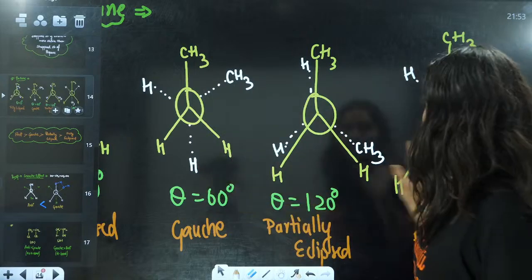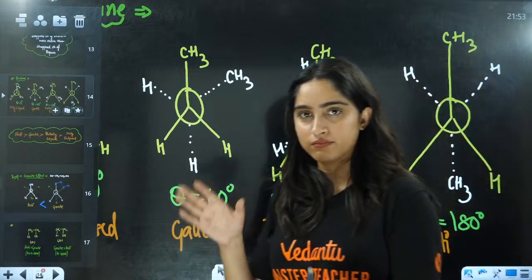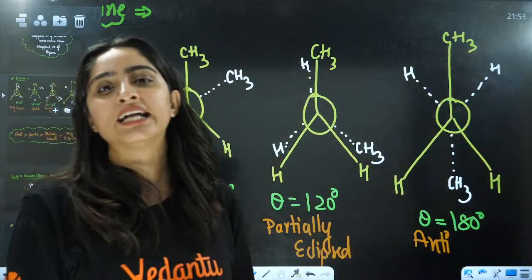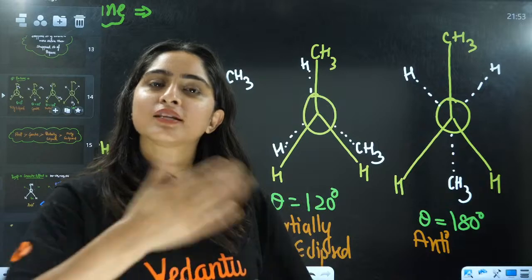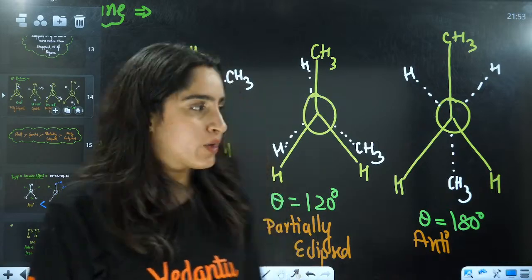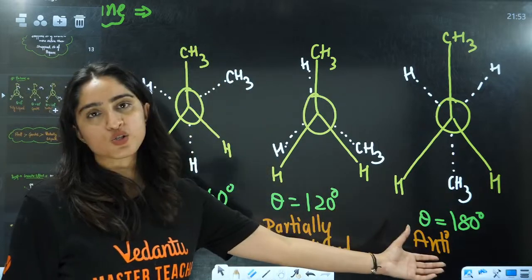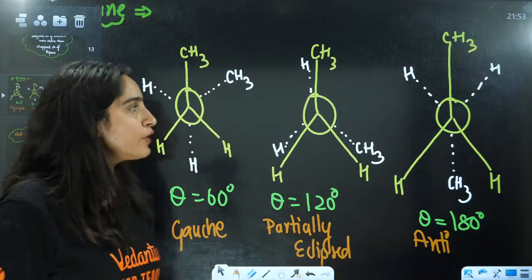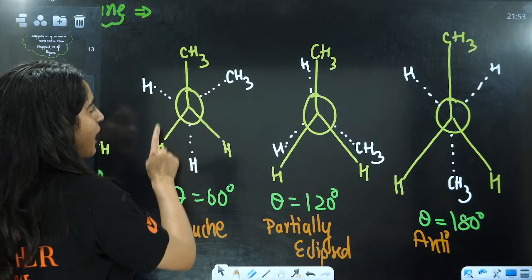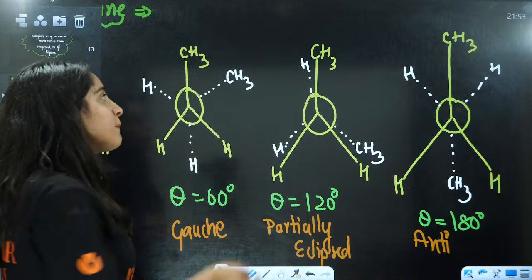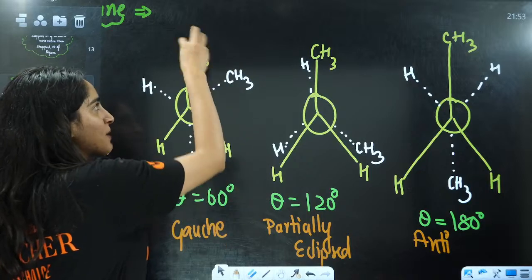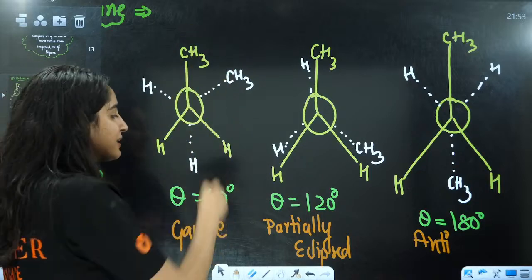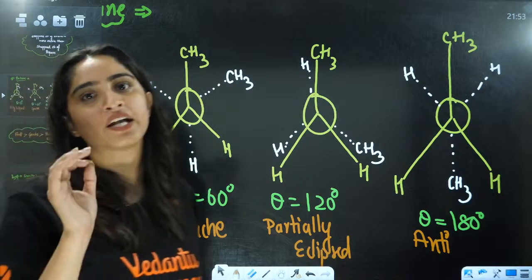See, gauche and anti are other parts of staggered. Okay, this is also staggered. When we have hydrogen, that is called staggered. But when we have two same groups here and same groups here, in that case we will define it as gauche and anti.